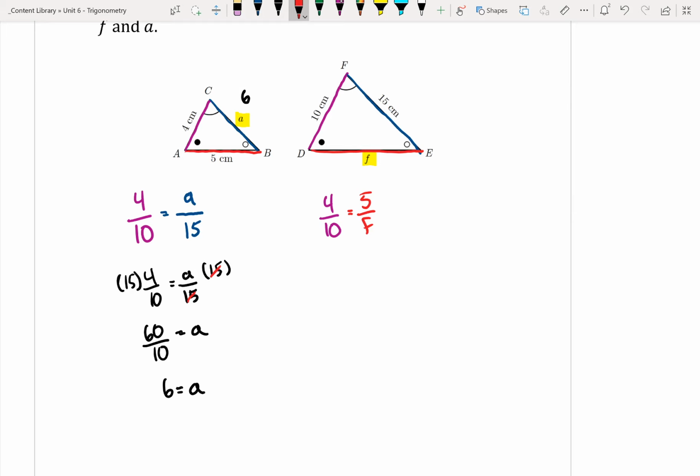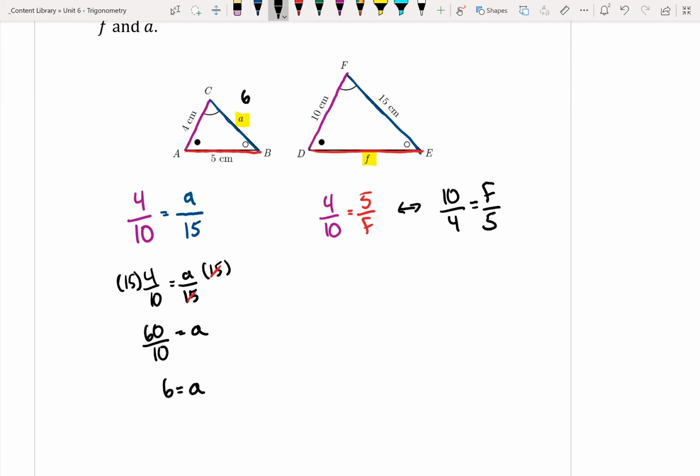If you want to keep the steps similar to the one we just did, because the missing piece is on the bottom, you can just flip it to 10/4 equals f/5. Right?